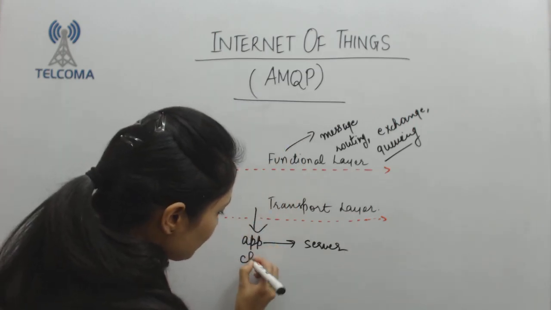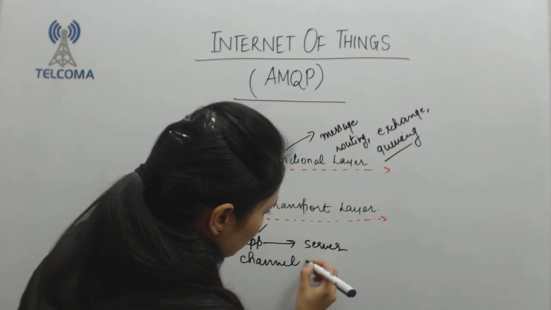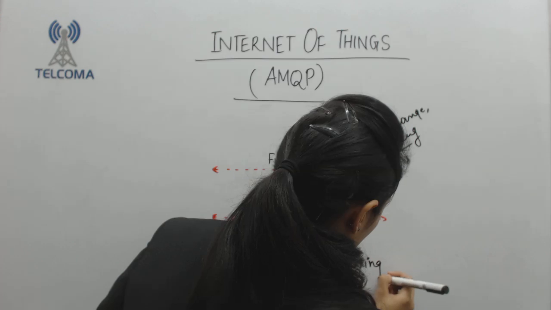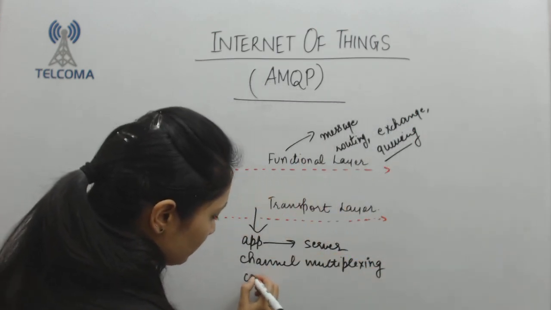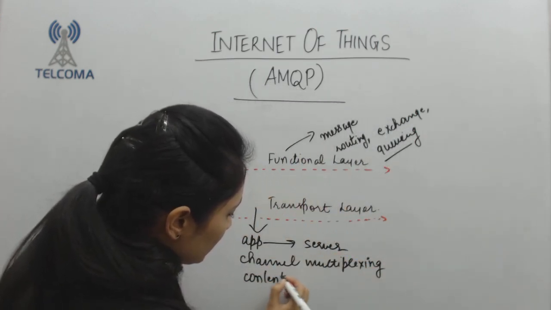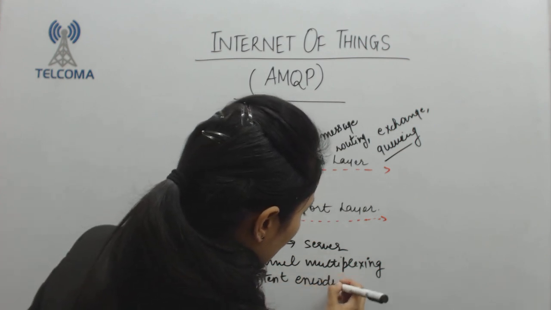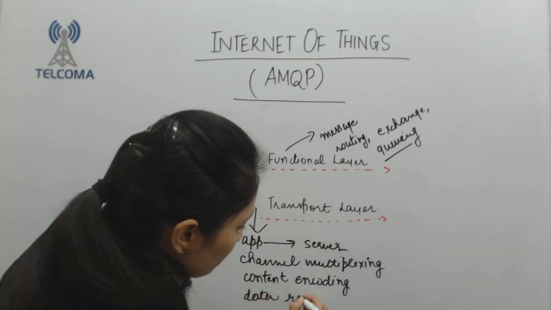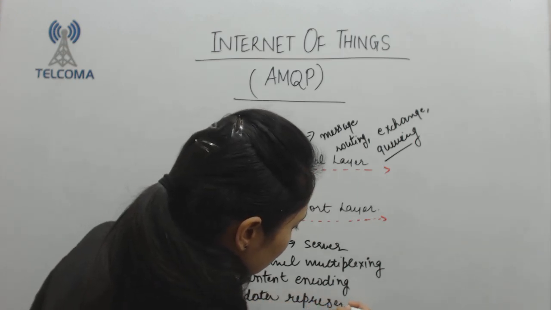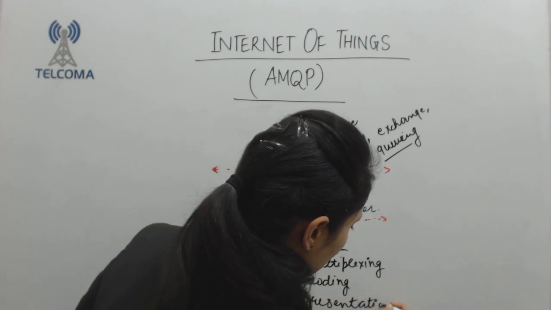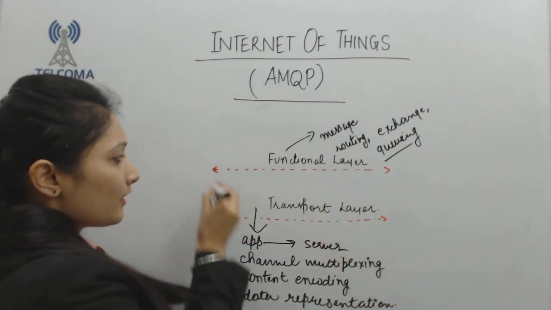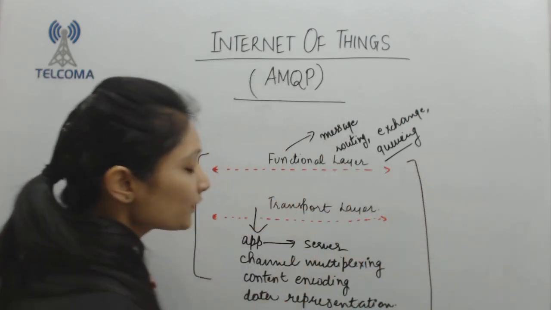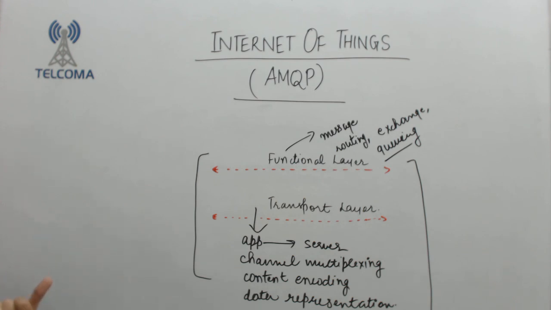After that, it performs channel multiplexing, content encoding, and data representation. So these are the functions of the two layers in which this protocol is split up.